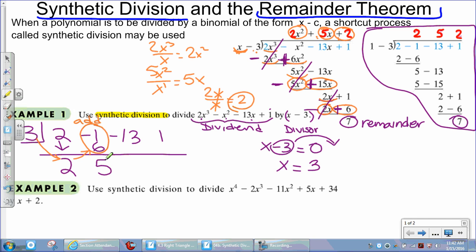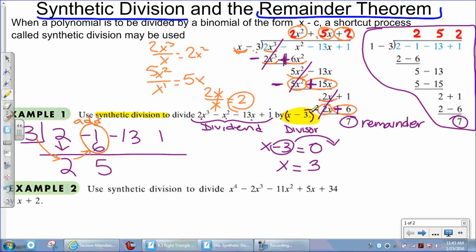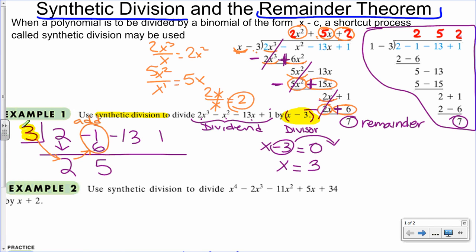This is the divisor. Which one is the constant term? Not positive 3, negative 3. Right? The constant term is negative 3. So if you notice, the number that I have here inside the box is actually the opposite of the constant term. So you always do that.